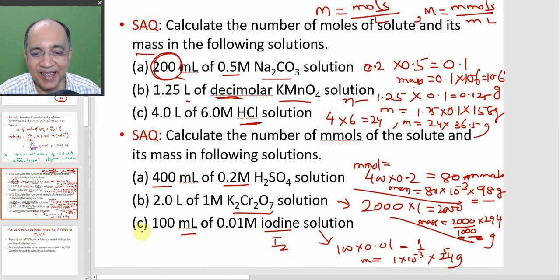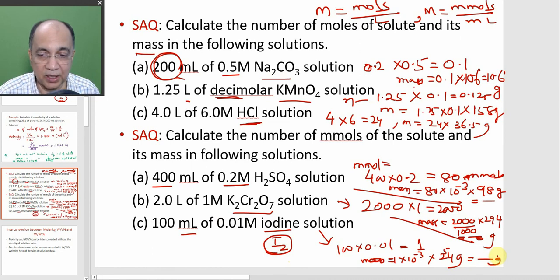Now, last but not the least, 100 ml of 0.01 M iodine solution. 100 into 0.01 is only 1, so 1 millimole, and mass is 1 millimole into 10 to the minus 3 into 254, the molecular mass of iodine, I2, and you find the mass in gram.